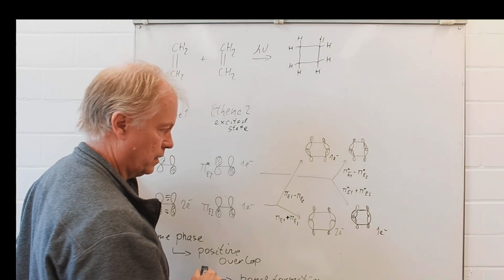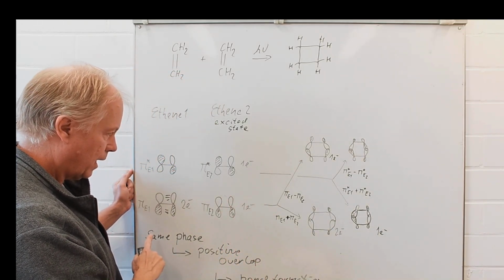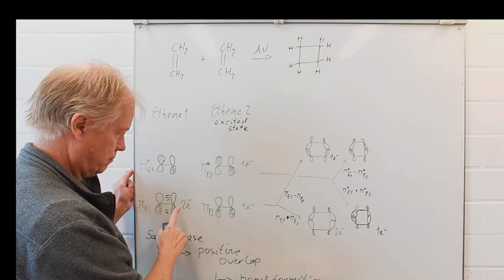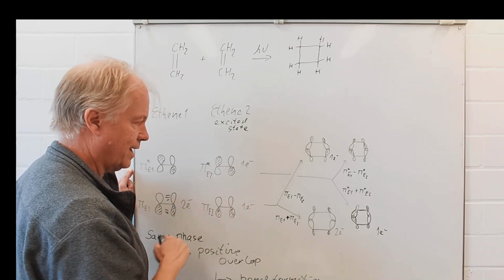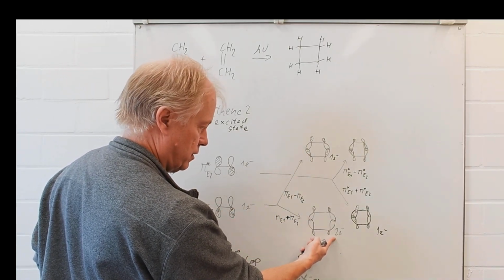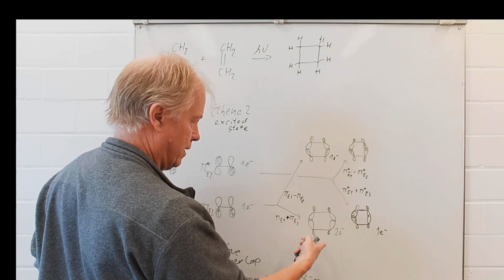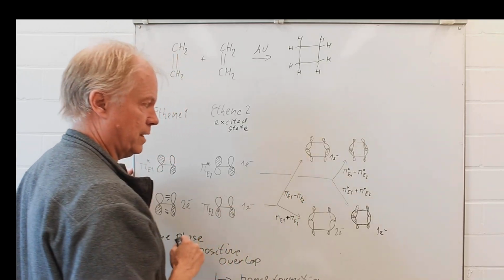Here we have a bonding orbital, and we have to distribute overall 3 electrons with this combination. So we have 2 electrons in the bonding orbital and 1 electron in the anti-bonding orbital.